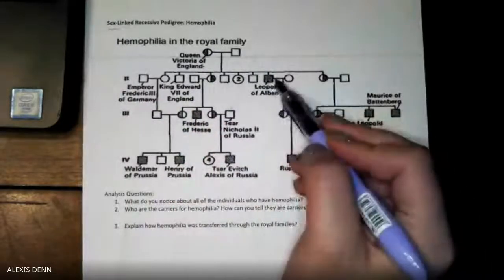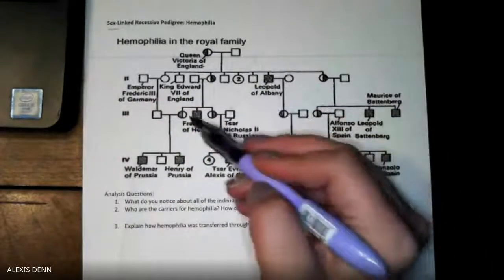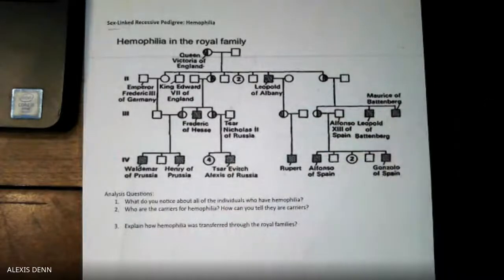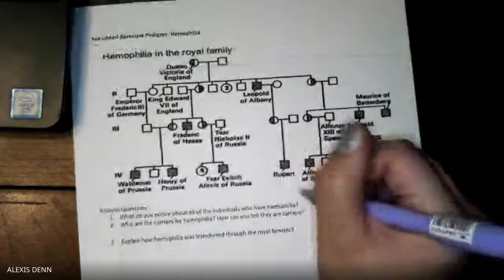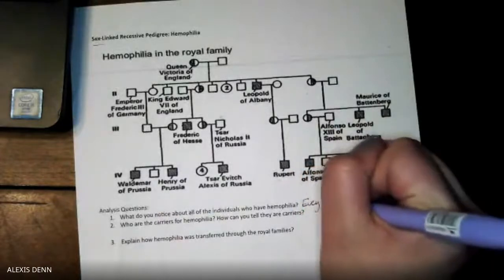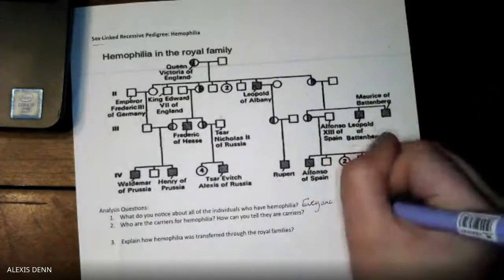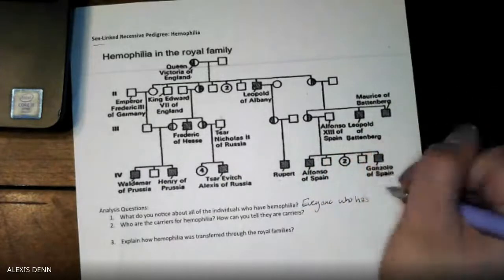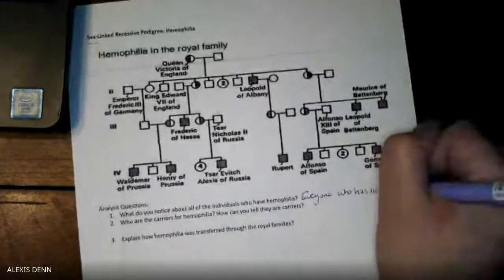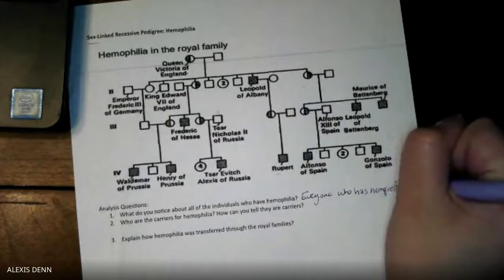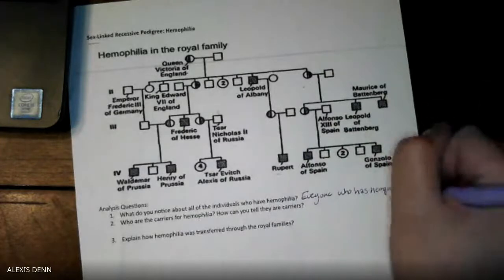But when I look at everyone who's affected, Leopold of Albany, square, square, square, everyone who's affected is a male. Everyone who has hemophilia is male.